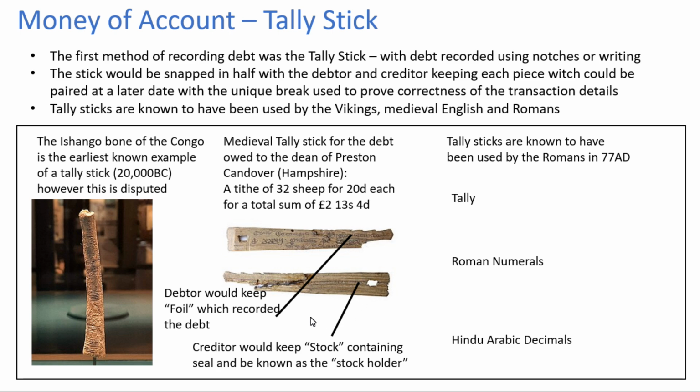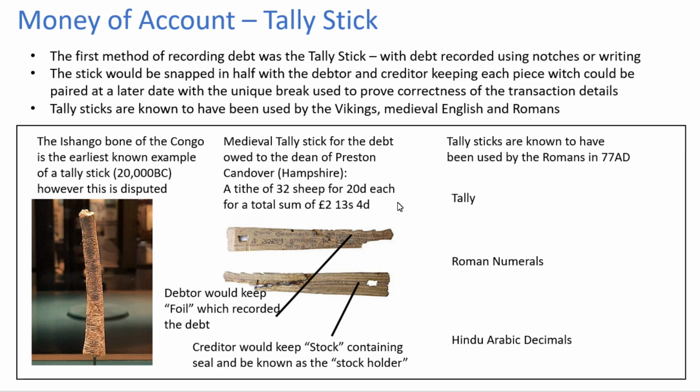And that gave the term stockholder. And so whenever someone wanted to pay off their debt or claim a debt, you could prove the debt by matching the stock with the foil, as obviously the breakage would provide a unique way of validating that it was a correct match.